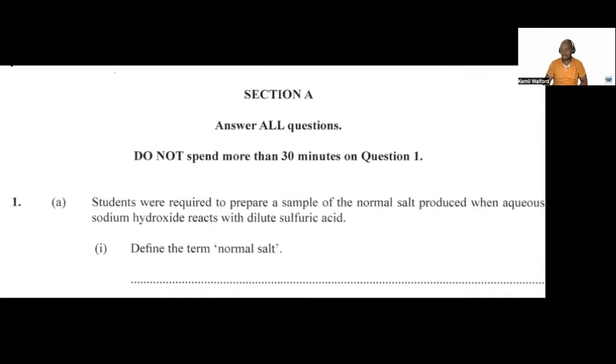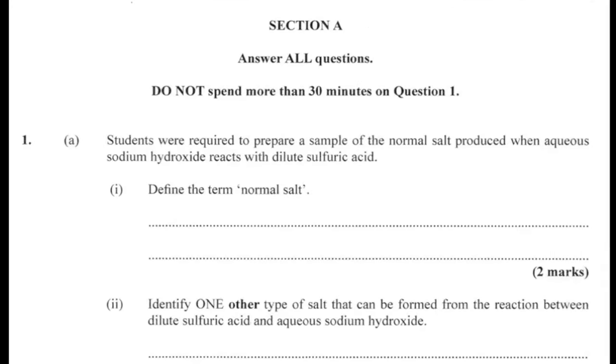All right, so first question, and of course, I should not spend more than 30 minutes on this question. So let us just go right ahead. It says: define the term normal salt.